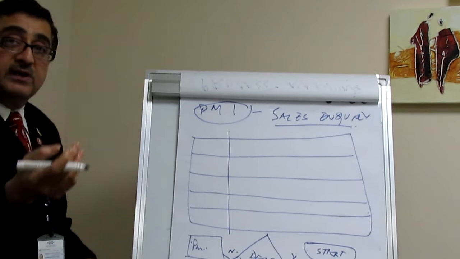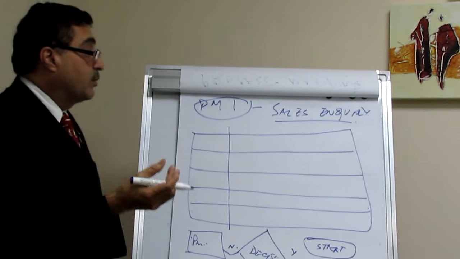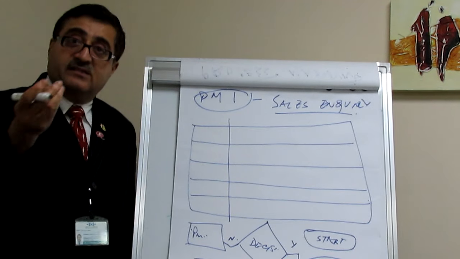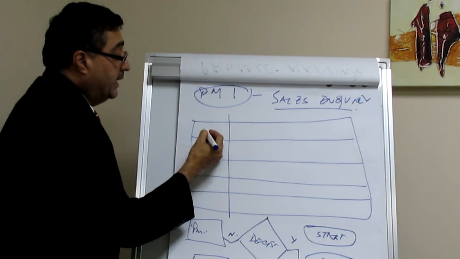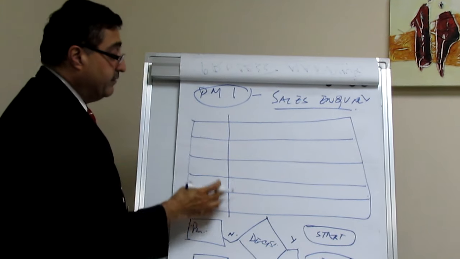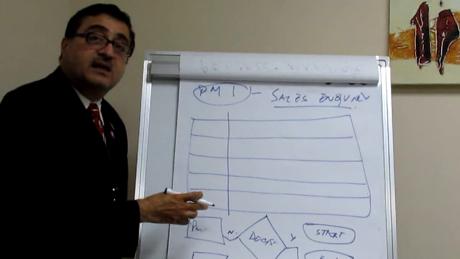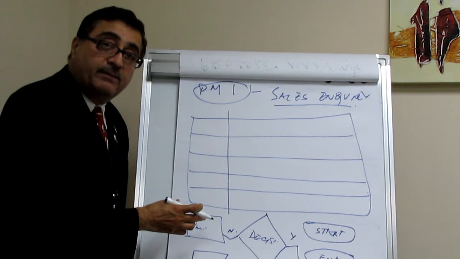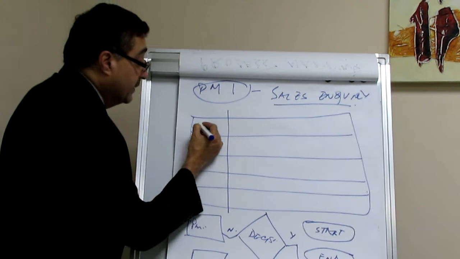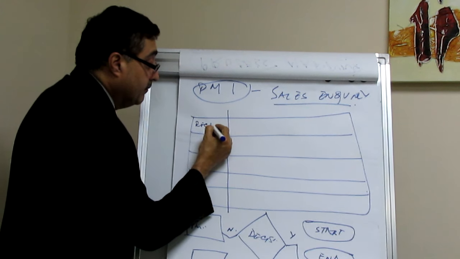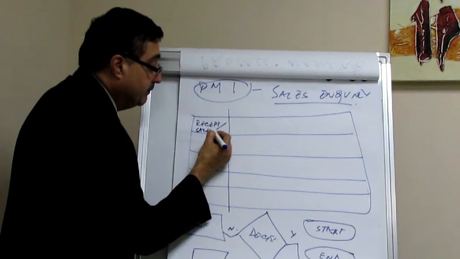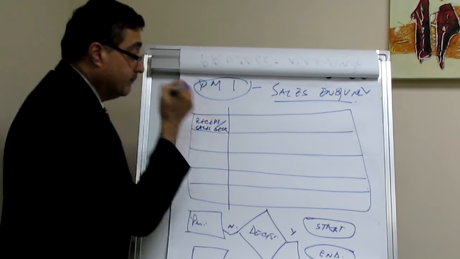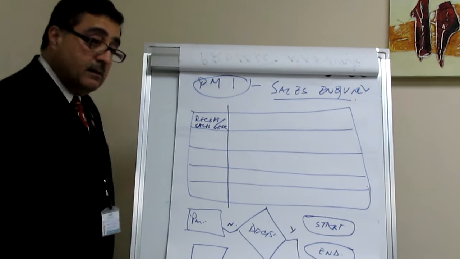Now I am going to explain to you a business process flow for a sales inquiry in a normal sales company. The first department involved in the inquiry process is reception or a sales desk in the office.